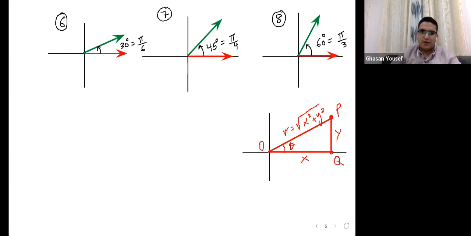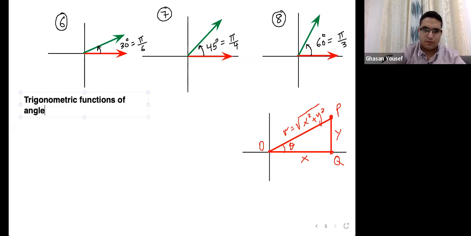Now I can define all the trigonometric functions by using this triangle. So I can define all trigonometric functions of this angle.